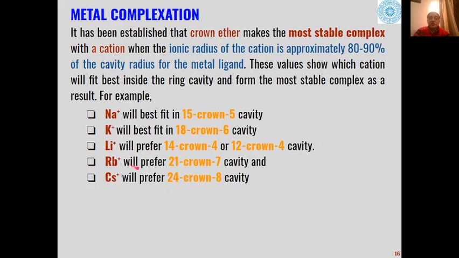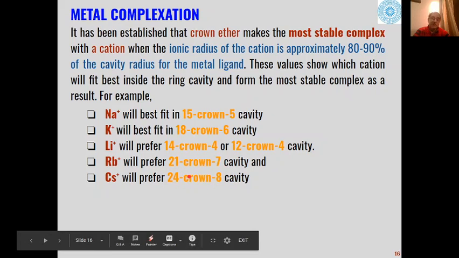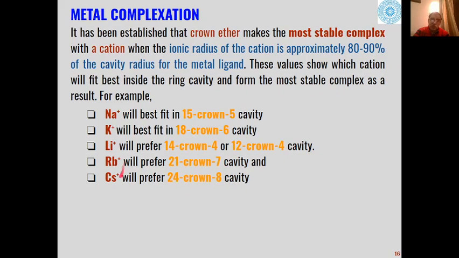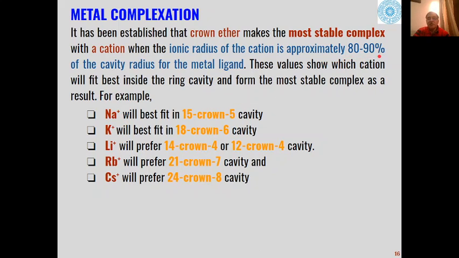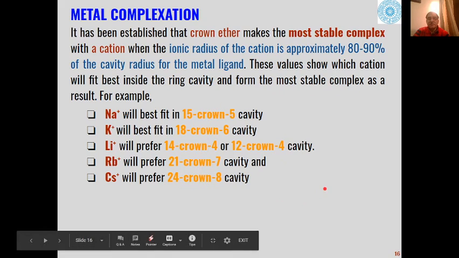Then rubidium or cesium will fit the 21-crown-7 or 24-crown-8 cavity respectively. These are the best fits because the ionic radius of the cation is approximately 80 to 90% of the cavity radius of these crown ethers.